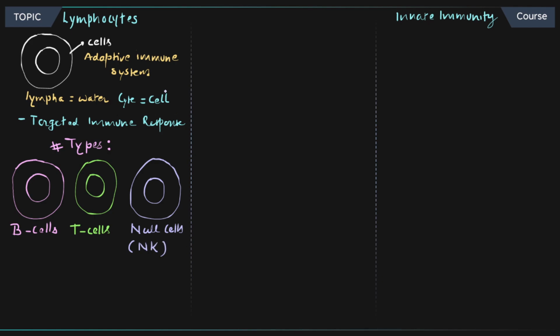If we talk about the origin of these, basically the origin is from the bone marrow, and this is the main cell from where they will originate. This is the lymphoid stem cell precursor. The lymphoid stem cell precursor is the cell that will differentiate into these different cells.